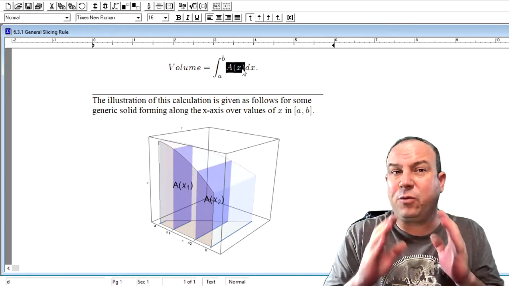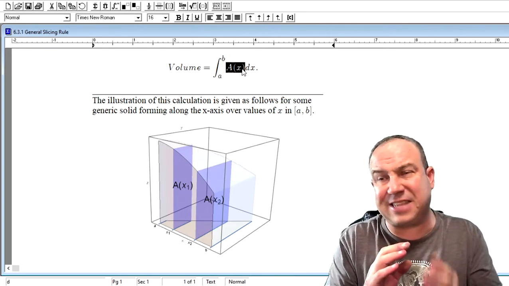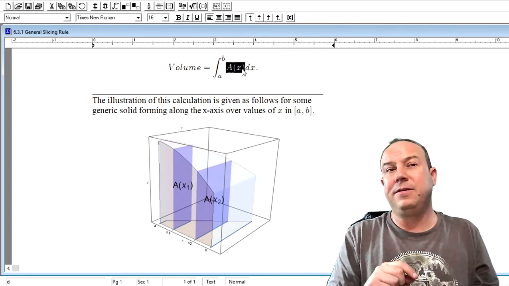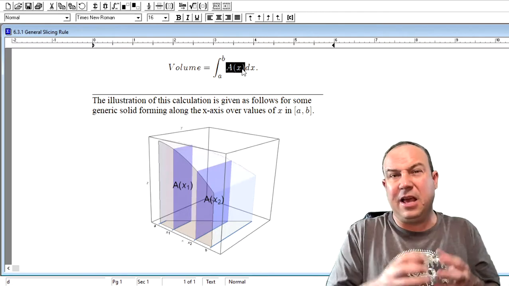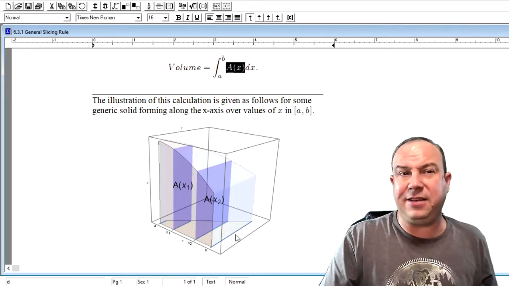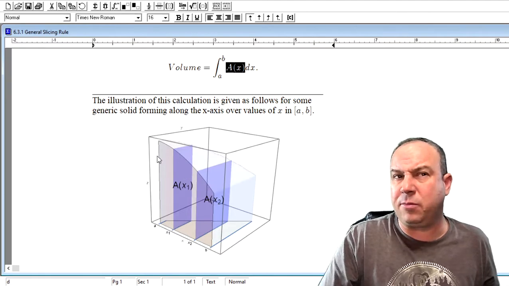And if we take each and every one of those infinite slices' areas and we add them up, those would all accumulate, right? Each and every one of these areas, these are just two of the infinite number, would accumulate and actually make up the solid itself.